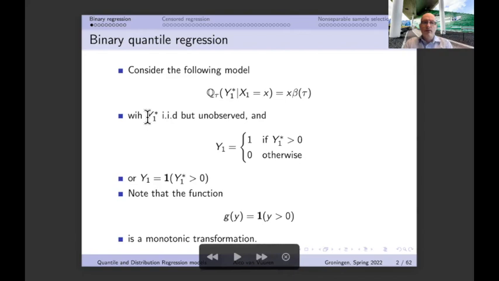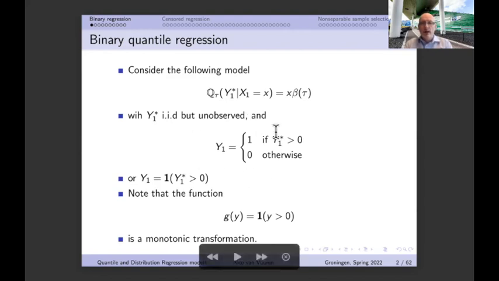So even though we're going to assume the standard assumptions, first of all, that y1 star is IID, what we're going to assume over here is that y1 star is unobserved. Instead, we only observe y1. And y1 is going to be equal to 1 in the case that y1 star is larger than 0, and y1 is equal to 0 otherwise, in the case, of course, that y1 star is smaller or equal to 0.